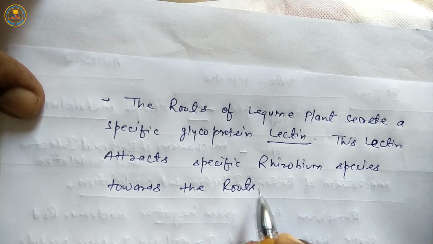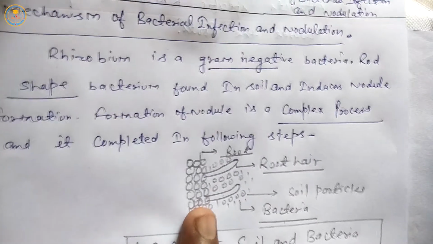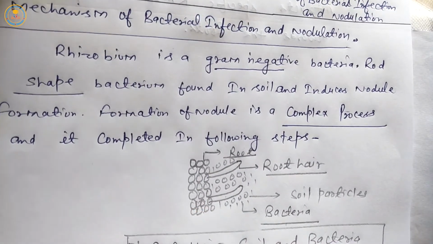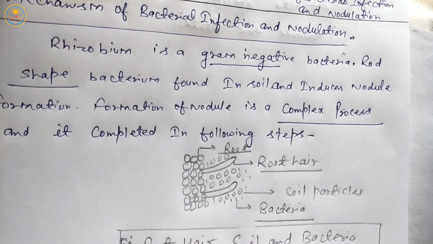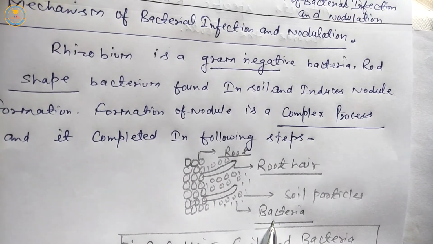Students, this is the first step of root nodules. First step, the root of the legume plant secretes a specific glycoprotein lectin to attract rhizobium bacteria towards the root part.